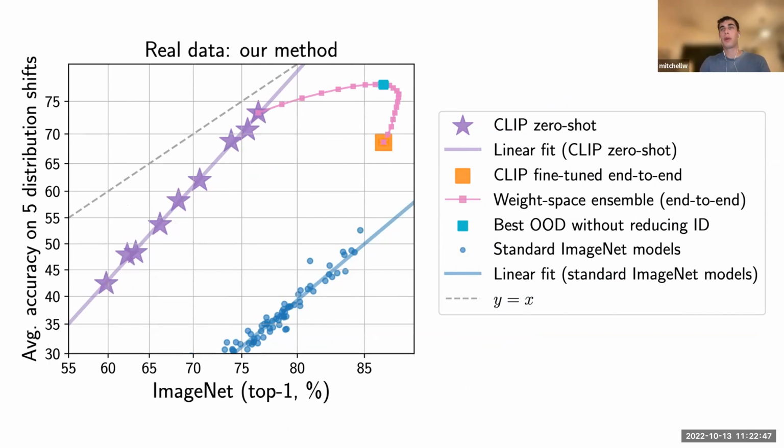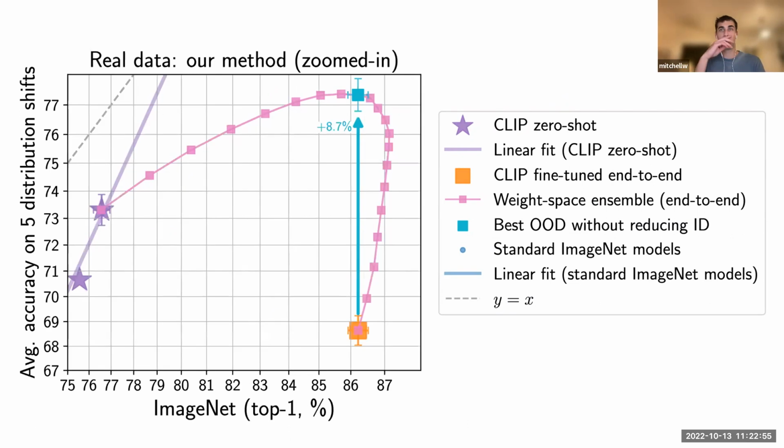If we fine-tune it, we produce this orange square. And now if we interpolate, we get this pink curve. This corresponds to a potential 8.7 percentage point improvement out of distribution without loss in distribution.